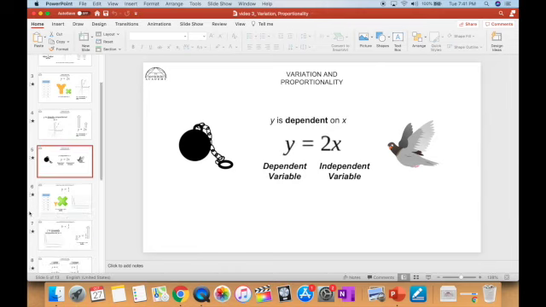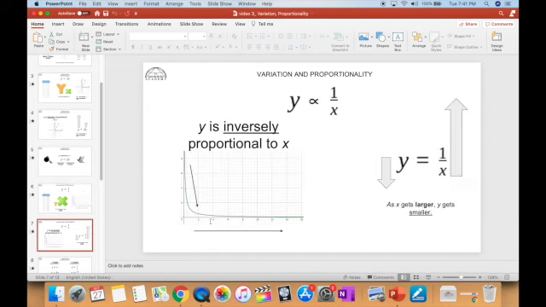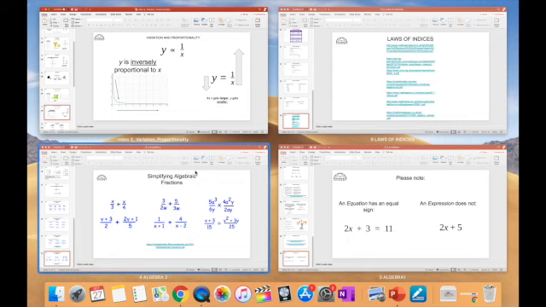We also saw that you could have a situation where as x gets larger, y is getting smaller, and when they go in opposite directions like that, we call it inversely proportional. So as x gets larger, y is getting smaller and smaller, going in opposite directions.